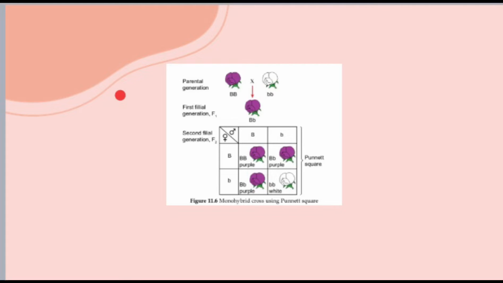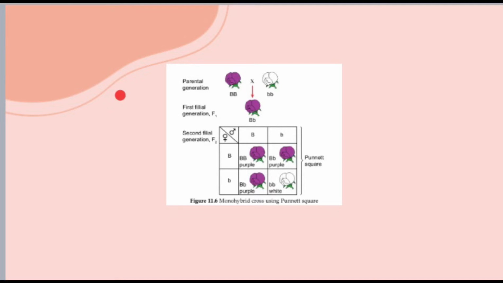Punnett square can also be used to predict the ratio and probabilities of genotype and phenotype in the offspring produced. So you can also use this Punnett square to know the product of the parental generation. As you can see in the picture shown, a purple flower combined with a white flower will also produce a purple flower, because the purple flower has a dominant allele.